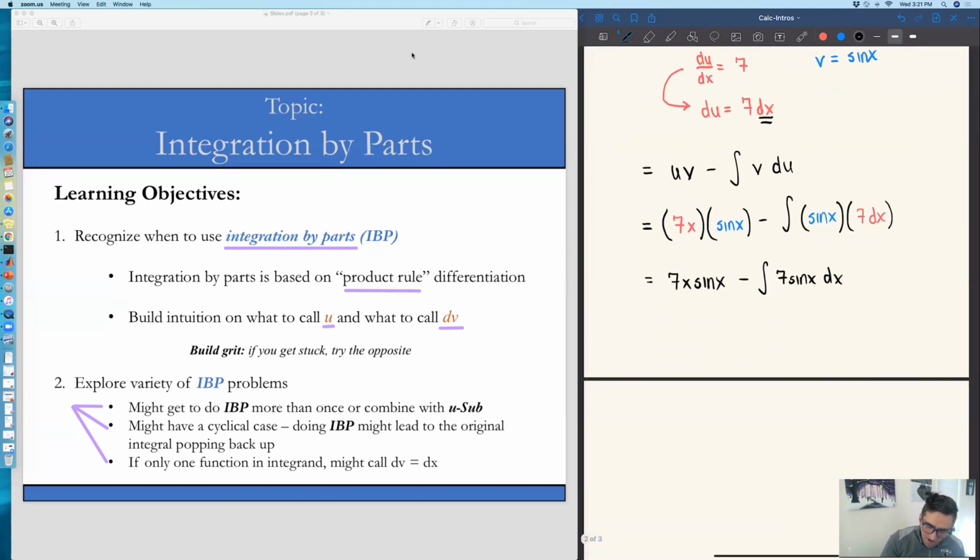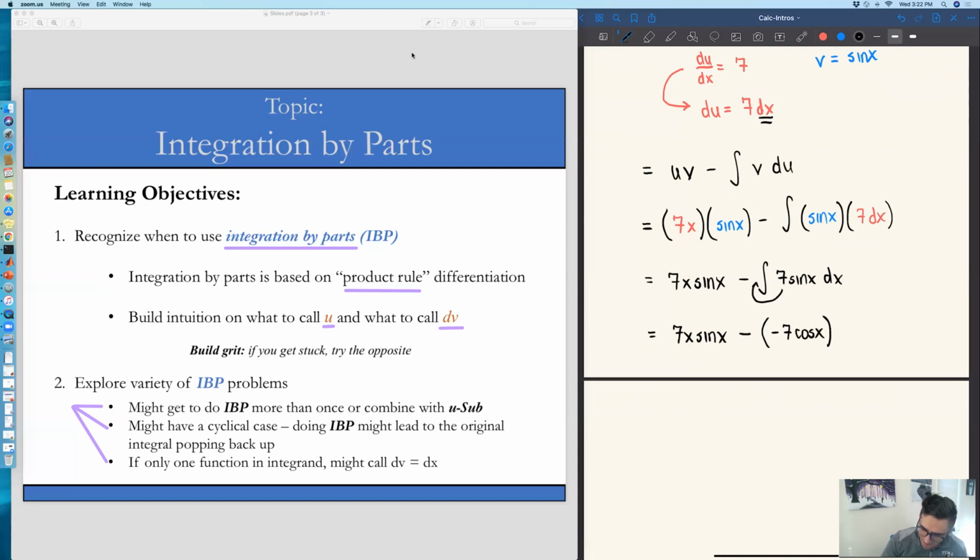So just remembering, we can pull that 7 out in front of that integral if we wanted to, but the antiderivative of sine is a minus cosine. So this problem reduces to, we have 7x sine x from the beginning, we have a minus, and then we have a minus 7 times cosine of x, coming from the antiderivative of 7 sine x.